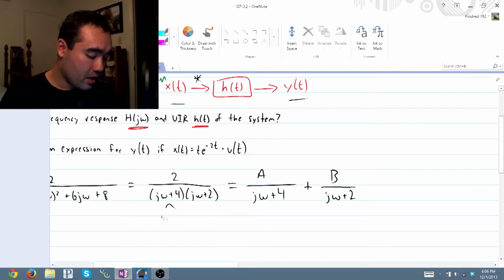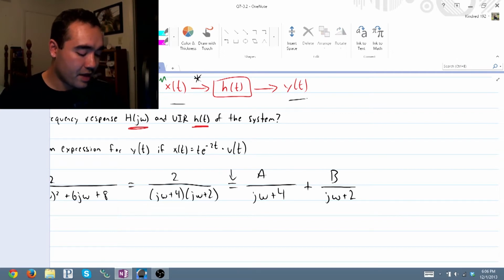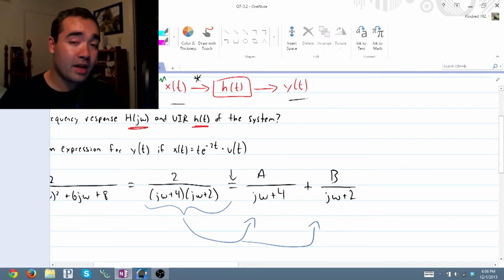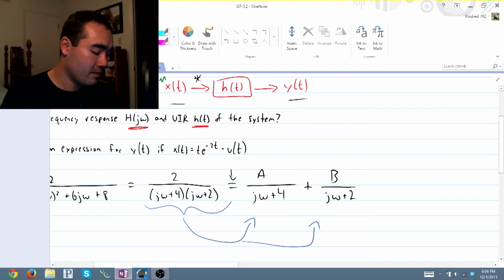So we're leaving this with an equal sign here, because the next thing we're going to do is take this bottom half and multiply it into the right side of this equation here.